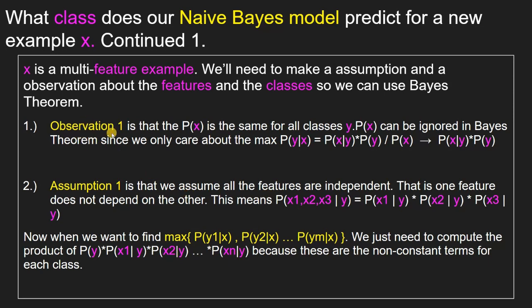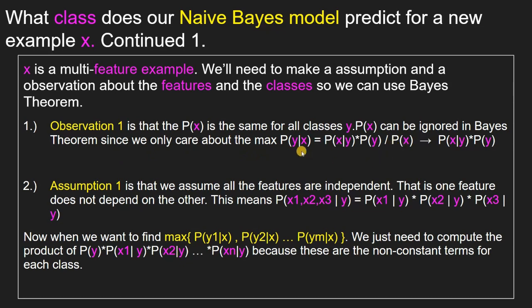Observation 1 is that the probability of x is the same for all classes y, because x is the same regardless of your class y. So the probability of x can be ignored in Bayes theorem since we only care about the maximum.